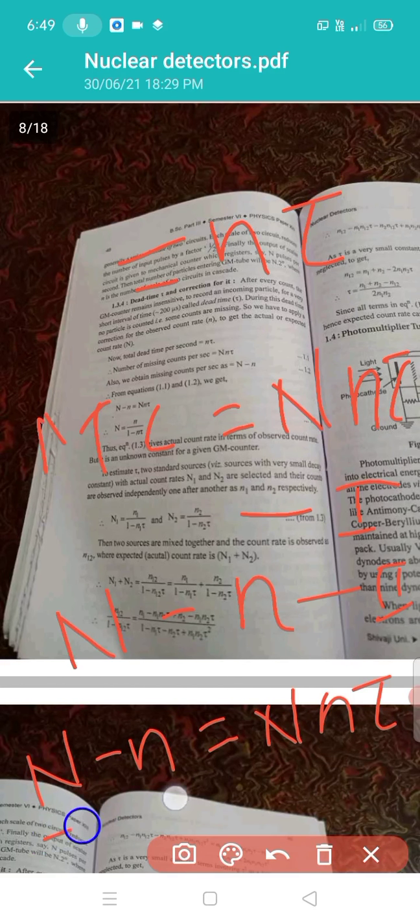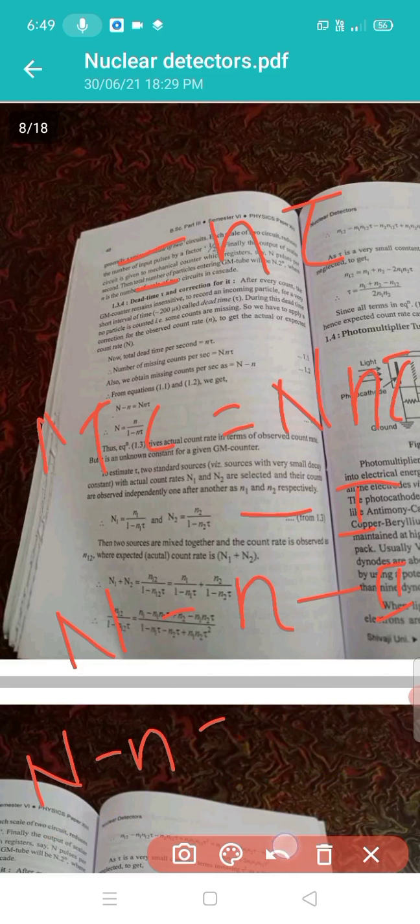From these two equations we get capital N minus small n equal to capital N into small n into tau. Both are the missing counts per second, hence we equate equations 1 and 2.